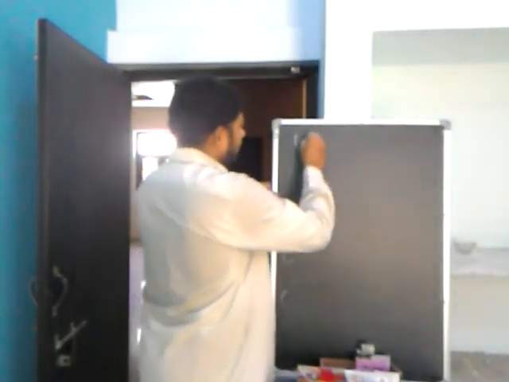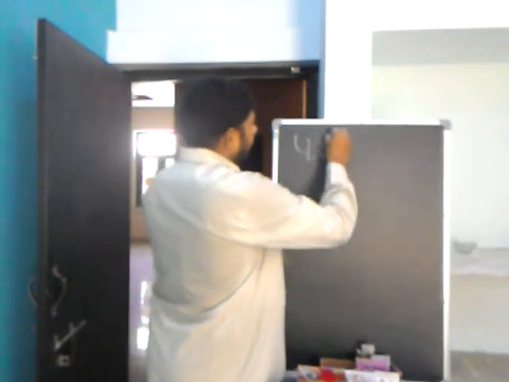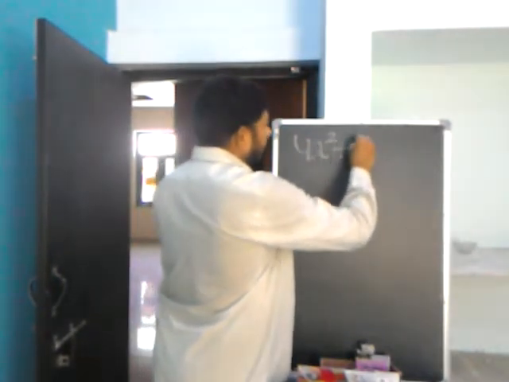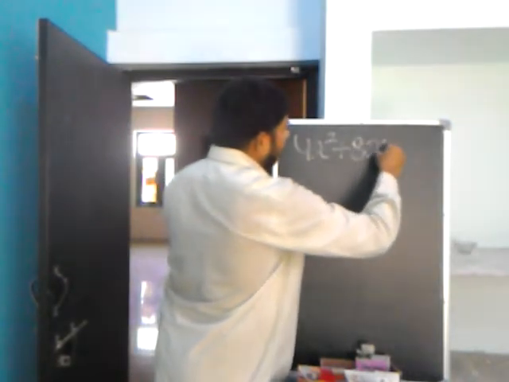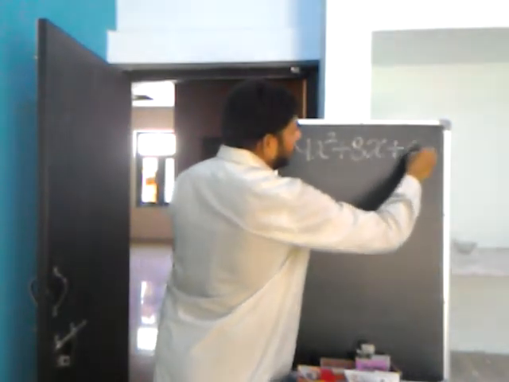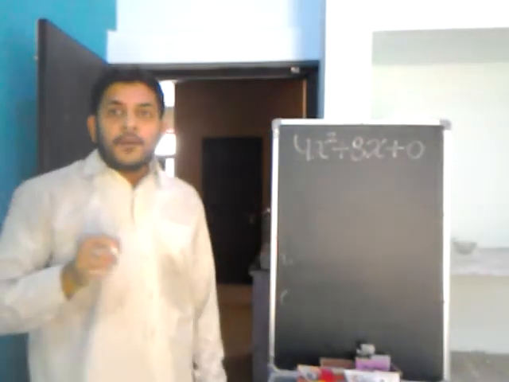Now I shall divide 4x square plus 8x plus 0. By what will I divide?